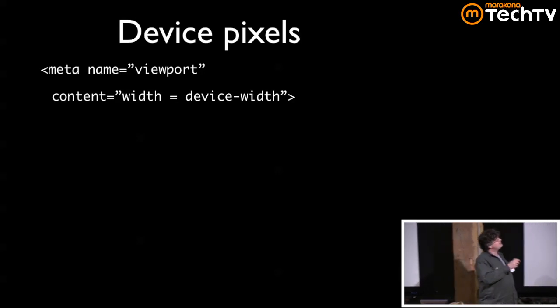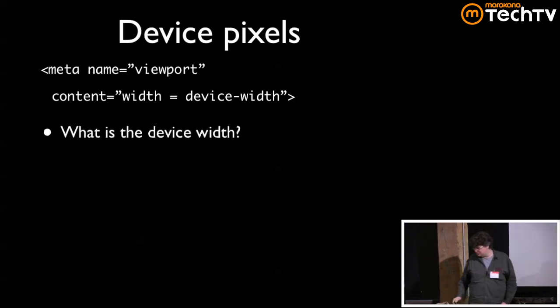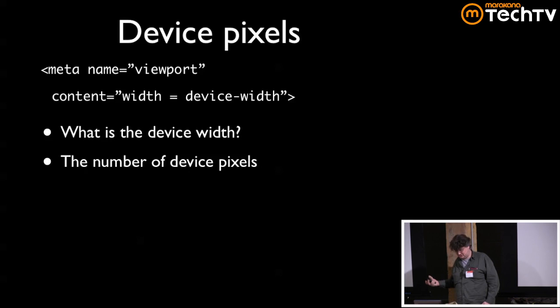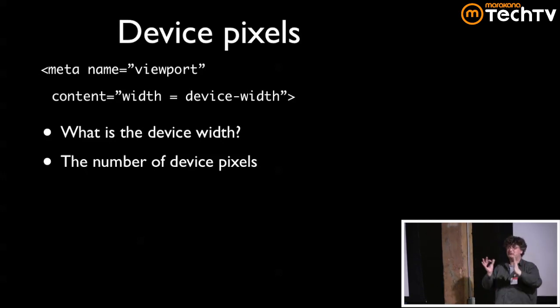This is the meta viewport. I will explain it in detail later. I'm going to just briefly go into something. I'm saying here a device width. What is this device width? It's basically the number of device pixels on the device. This construct is used in order to make sure that your site is narrow enough to be shown pleasantly on the device.